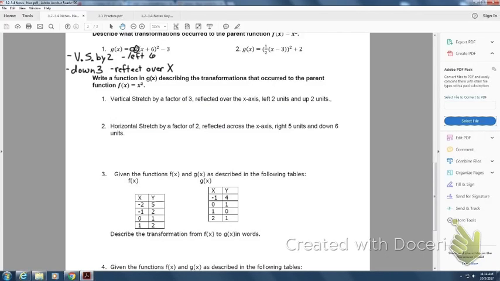Going to number 2. Zach, give me one transformation that's on there. Right 3. Okay. Chance, give me another one. Tell me what that 1/2 does.